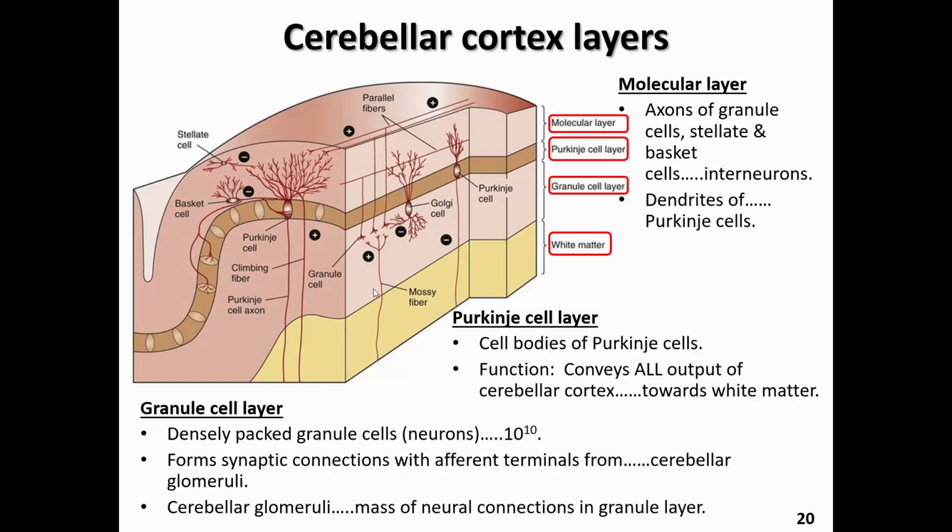And as indicated a little bit earlier, what we have here is the white matter, which is made up of axons. And I want to make particular note of the Purkinje cell layer, which houses the cell bodies of these Purkinje cells, and these are the output cells. So bioelectrical signals will travel in a downward manner towards the white matter.